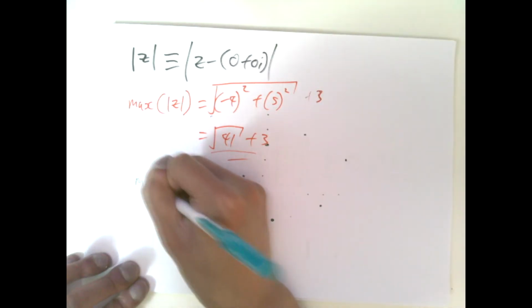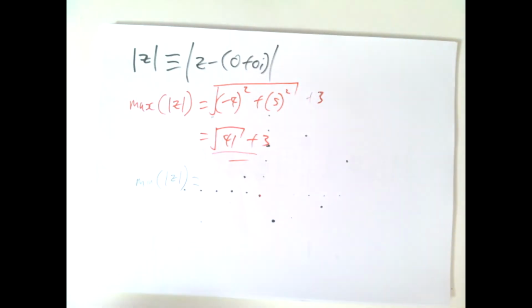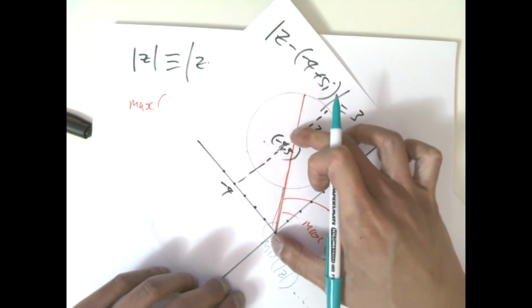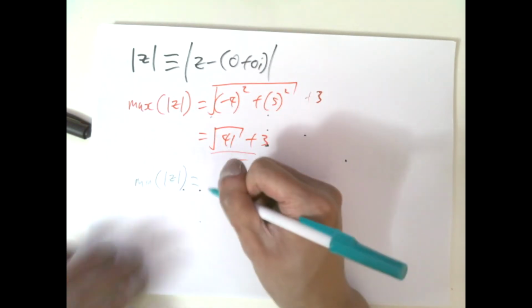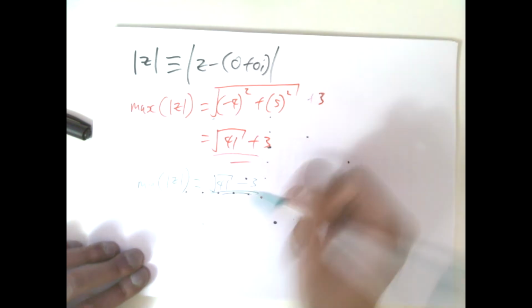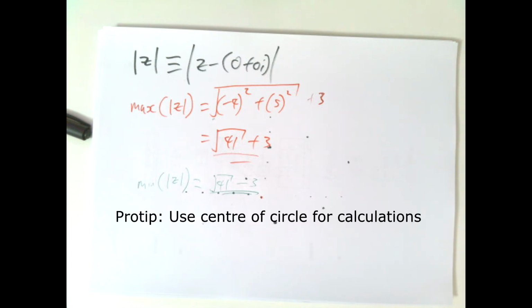So for the minimum value of the magnitude of z, it is going to be root 41 all the way to the center of the circle minus away the radius of the circle. So always use the center of the circle as some sort of an anchor point for all calculations. For part C, determine the maximum and minimum values of arg z.